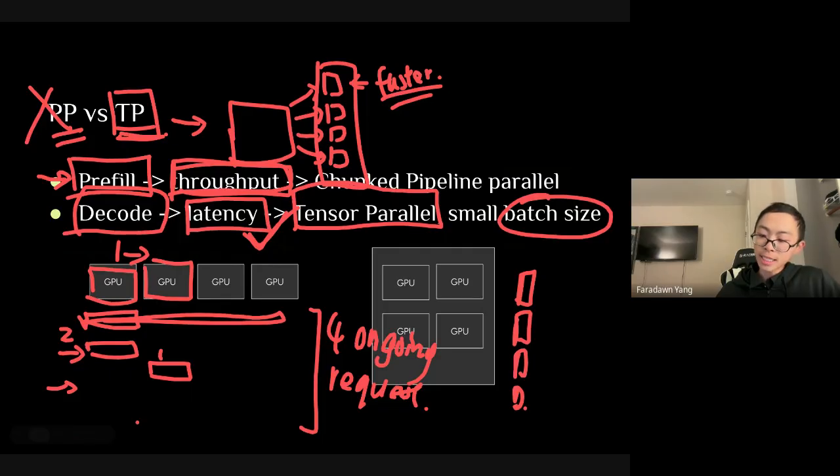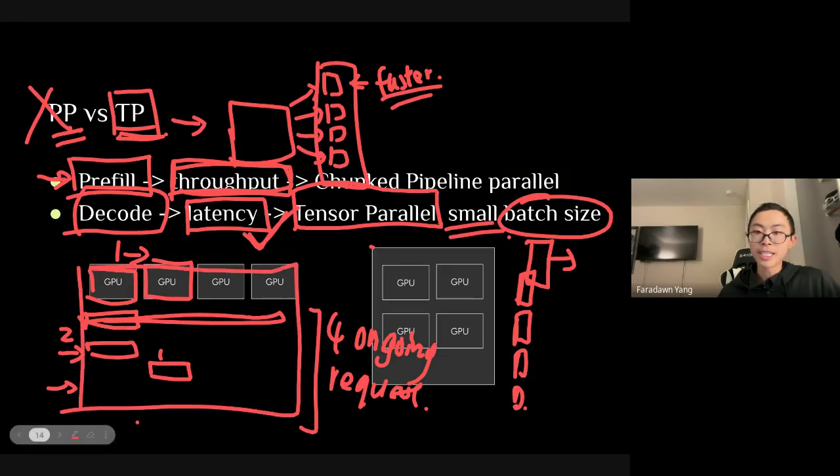With a small batch size, you can get a token out very fast. That's why in decode, we want a small batch size. Whereas in prefill, the bigger the batch size, the higher the GPU utilization. You can chunk in one entire prompt at once. So you want a big batch size for prefill.